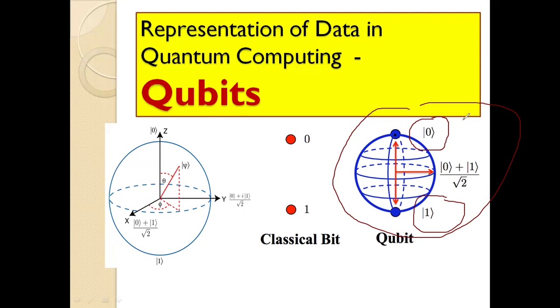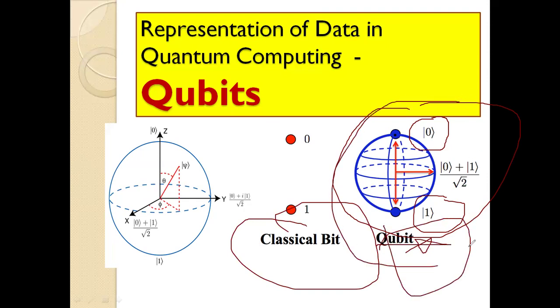So this is more powerful, and at the same time, it can offer massive parallel computing if we compare it with our classical bit. So qubit becomes more powerful, as we are considering any superposition of these two. You have to represent qubit like this. I hope it is clear to you. Okay, let me clear the drawings.